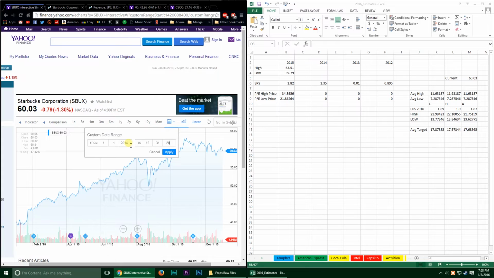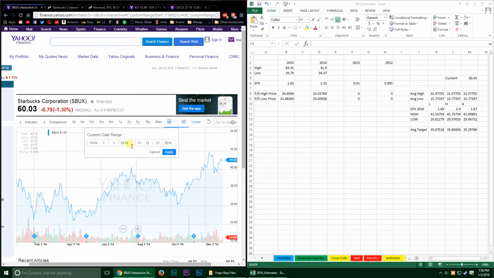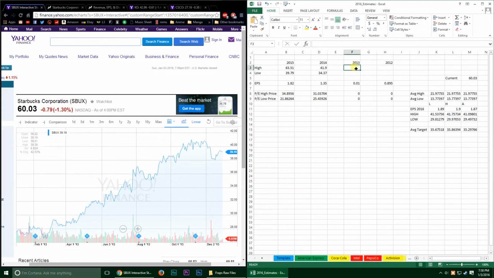Now we do the same thing except for 2014. We go over here and it looks like the high for 2014 was about 41.90 and the low looks like it was right around here, which was 34.37. Then we go to 2013 and do the exact same thing, and it looks like the high was right around here at 40.99, with the low being all the way down here at 26.60.